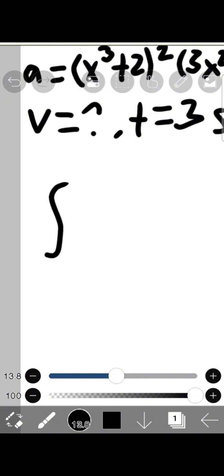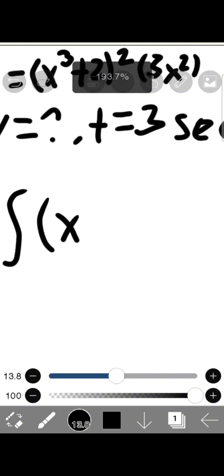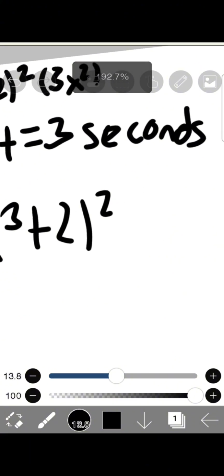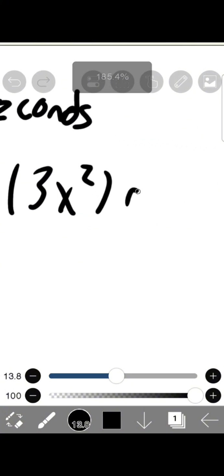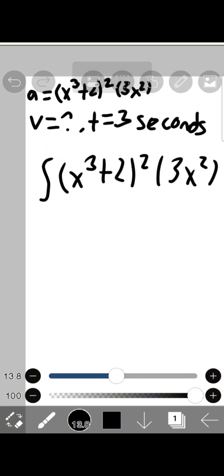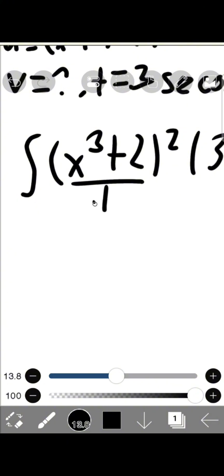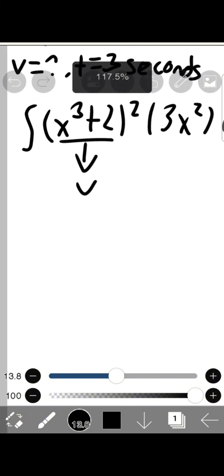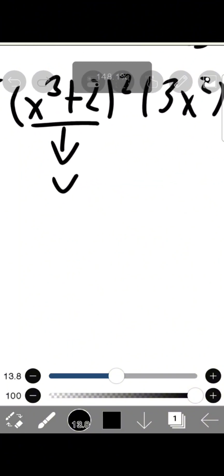So we can go ahead and do this equation, which is the integral of the quantity of x cubed plus 2, squared, multiplied by 3x squared dx. In order to solve this integral, we need to use u substitution. Let's say I define this as u, and I want to define the du.